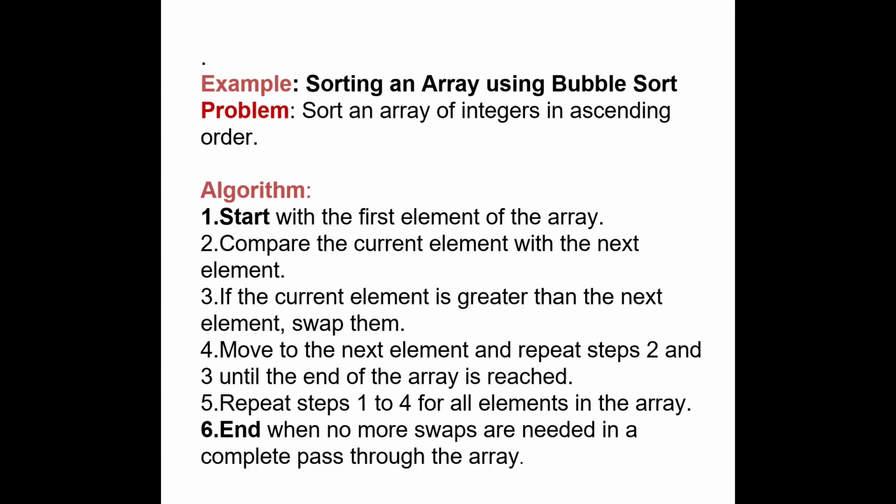Then during the first iteration, the smallest number will be placed in its correct position, and the second number is compared with the remaining numbers, and the second smallest number will be found and placed in the exact position. So like that, we will repeat the steps. Repeat steps 1 to 4 for all the elements in the array. End when no more elements need to be swapped in a complete pass through the array.